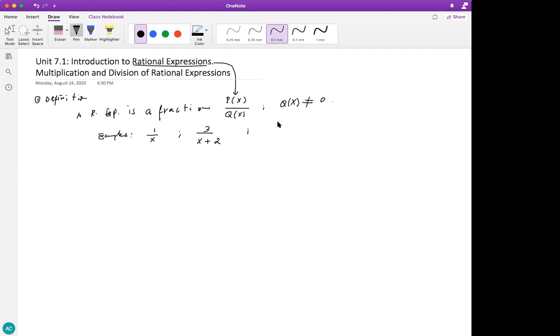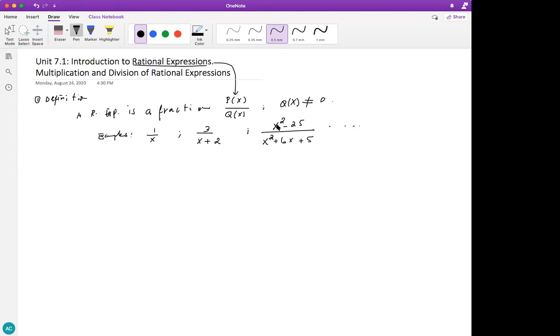Or it could be something like x to the second minus 25 over x to the second plus 5x, for example, or 6x plus 5, and so on. So we have a binomial over a trinomial, and a binomial here. These are all rational expressions. Again, they're just fractions made with polynomials.